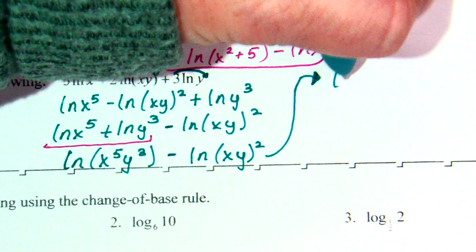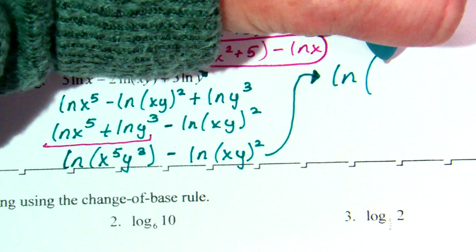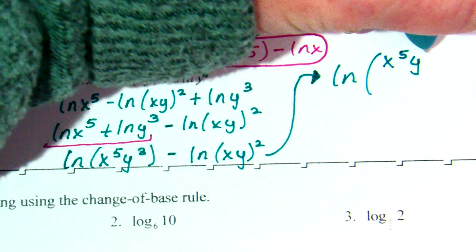So I'm going to write it as natural log of x to the fifth, y to the third, divided by, what is xy raised to the second? x squared, y squared. You could leave it as xy quantity squared, but there would definitely be an advantage to writing x squared, y squared.